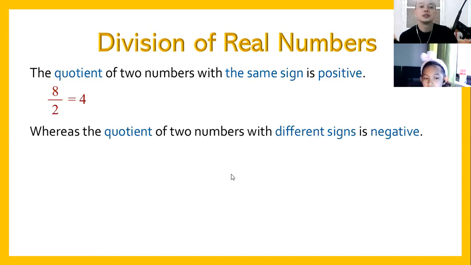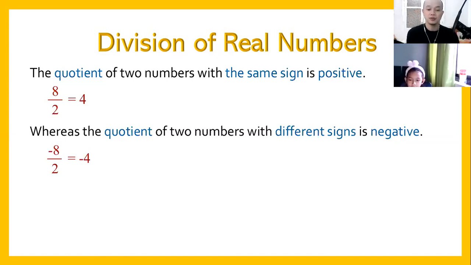Whereas the quotient of two numbers with different signs is negative. Okay, whereas the quotient of two numbers with different signs will yield a negative answer. All right, so example, -8 divided by 2, that will be -4.